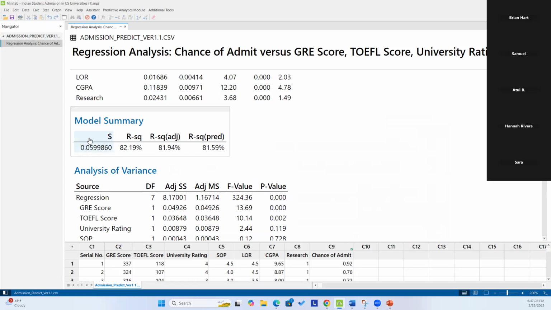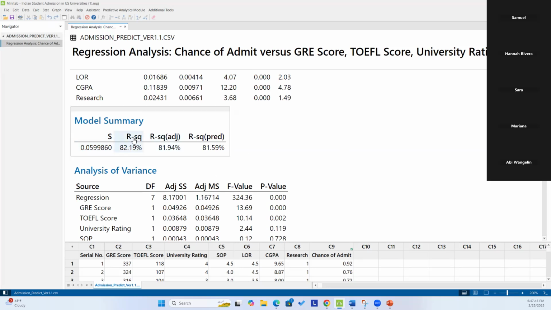This indicates the average deviation, or average distance, from the best fit line. So basically you can see how good the model is. The smaller the value of s, the better the fit line. So this is about 0.059, which you can say is 0.06.